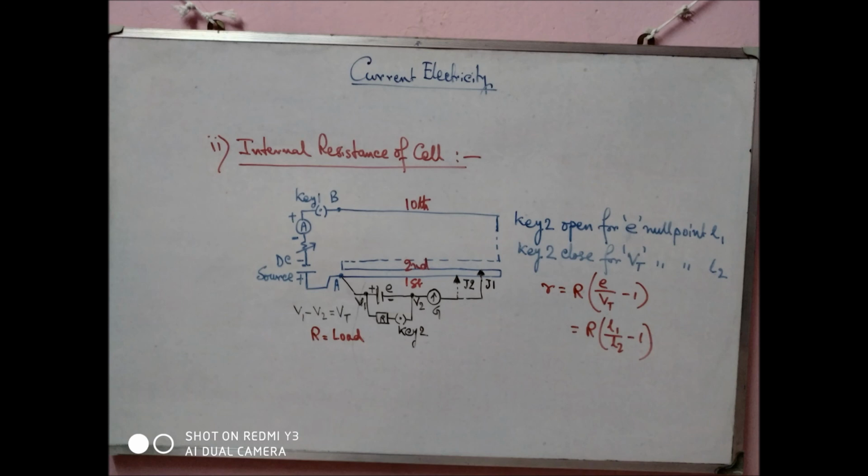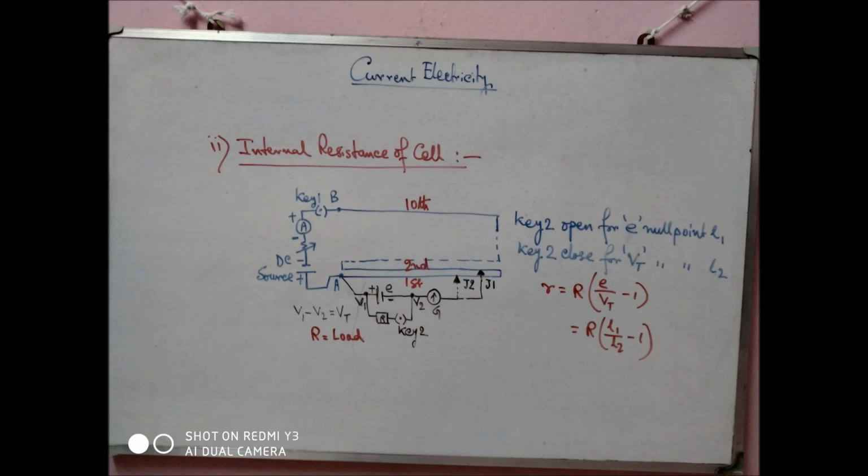When key 2 is open, V1 minus V2 is E only, because the load is not present. Also the galvanometer is there, so we first open key 2 and take the null point. Suppose that is J1, the position of the jockey is J1 and the length is L1. So that null point is for EMF only.